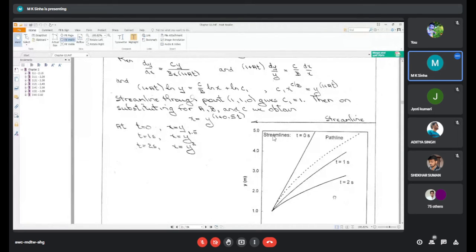So we have these equations, and you have to plot them. Without plotting, it is not filling. In the examination, you should plot it roughly. So see, when t equals 0, it is a straight line.